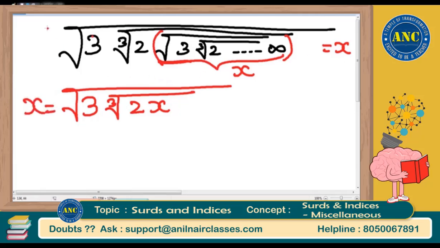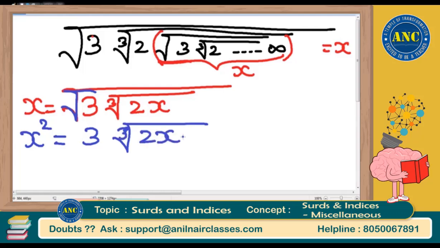But I don't want this square root, so square both sides. It is x square equals 3 into cube root of 2x. Again I don't want this cube root, so cubing both sides, x square whole cube is x power 6, and 3 into 2x I will get.